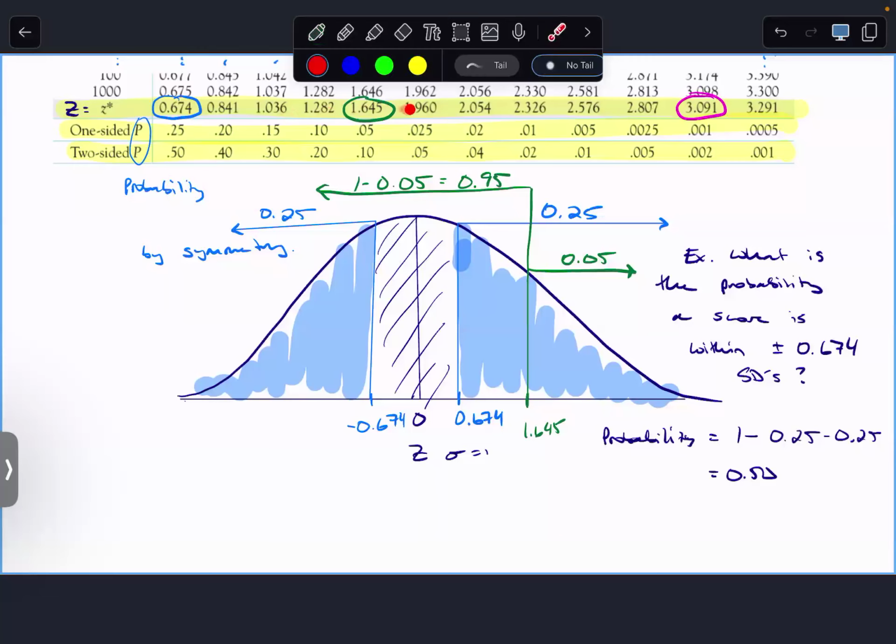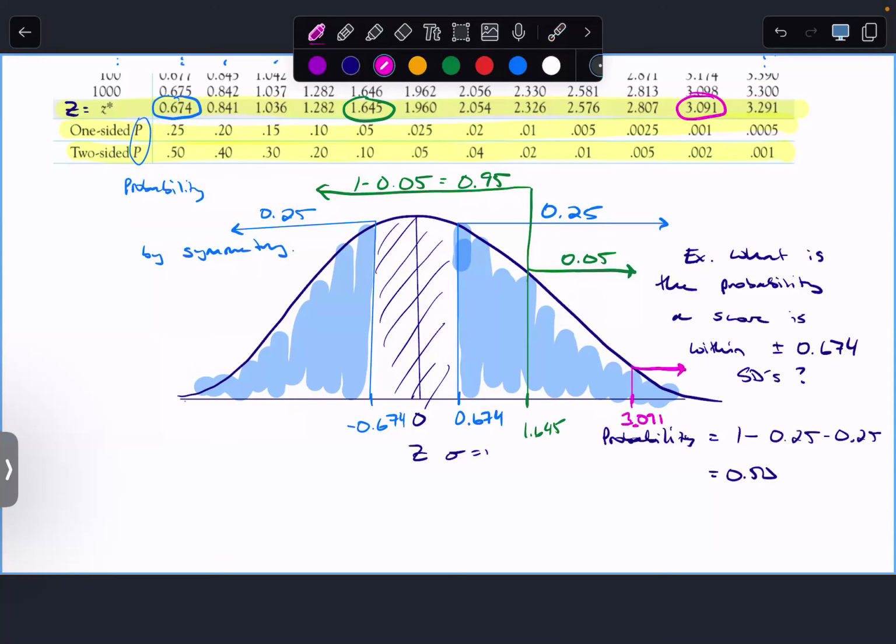So each of these is just a little check-in point that we can use. And how about 3.091? Let's put it out here. It has an area in the tail of 0.001. Very, very small.